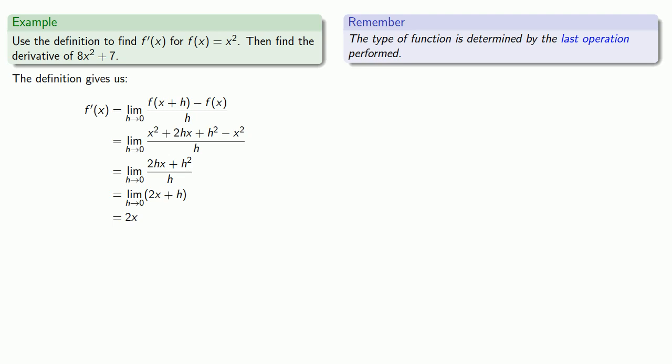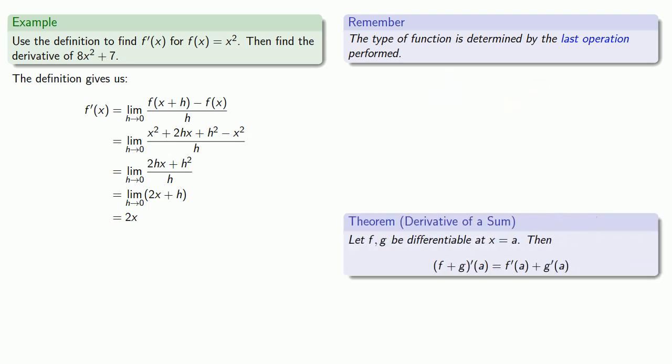And so this function is a sum, and so the first thing we ought to ask ourselves is, what do we do when we want to find the derivative of a sum? And we have our result that the derivative of a sum is equal to the sum of the derivatives. So the derivative of 8x squared plus 7 is the derivative of 8x squared plus the derivative of 7.